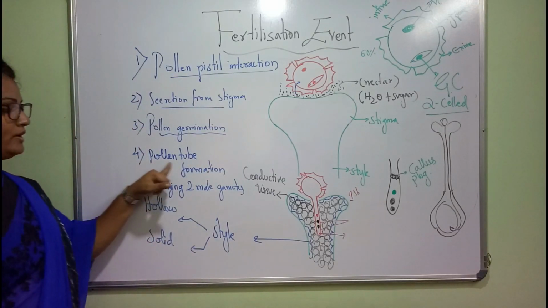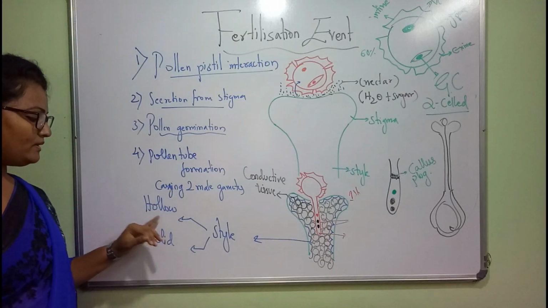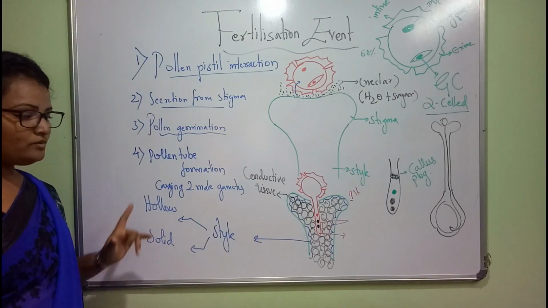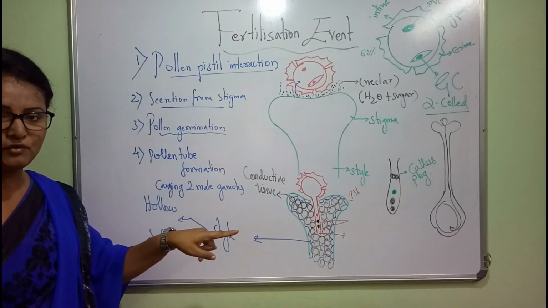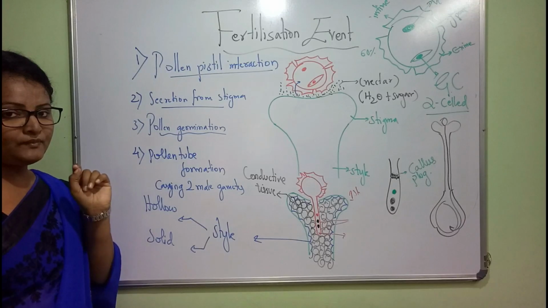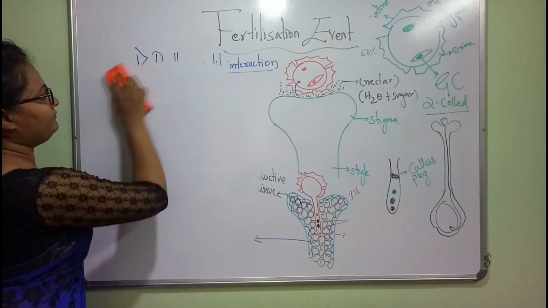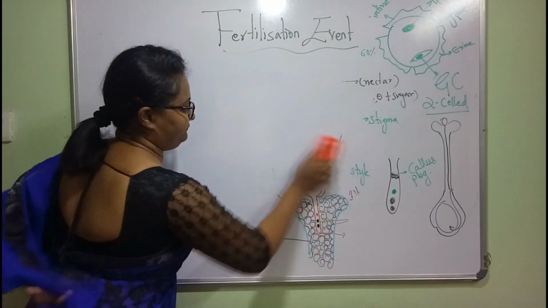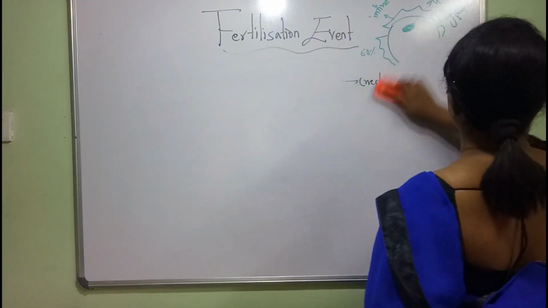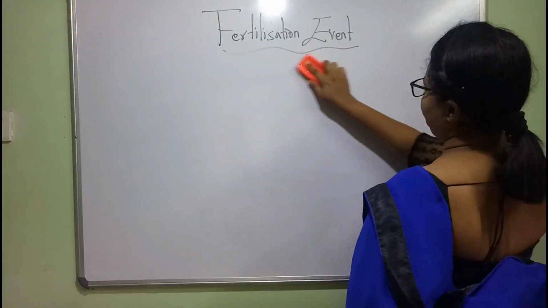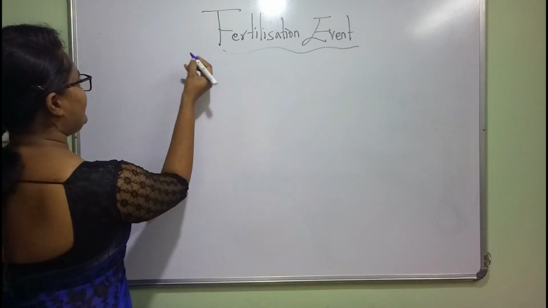So now pollen tube formation carrying two male gametes, they are traveling into the style, it may be hollow or solid. So now the pollen tube containing the two male gametes and vegetative nucleus enters into the ovule. I'll draw it much larger.